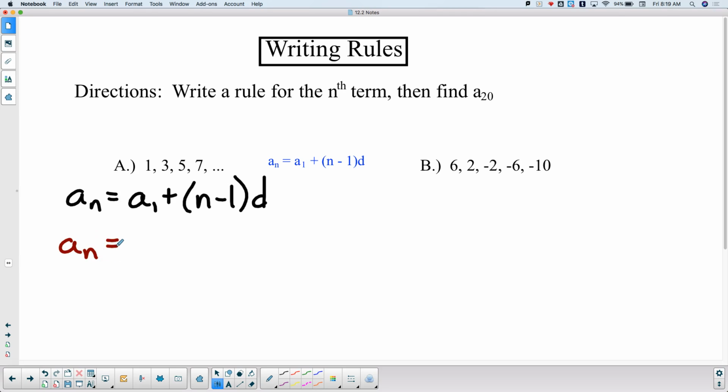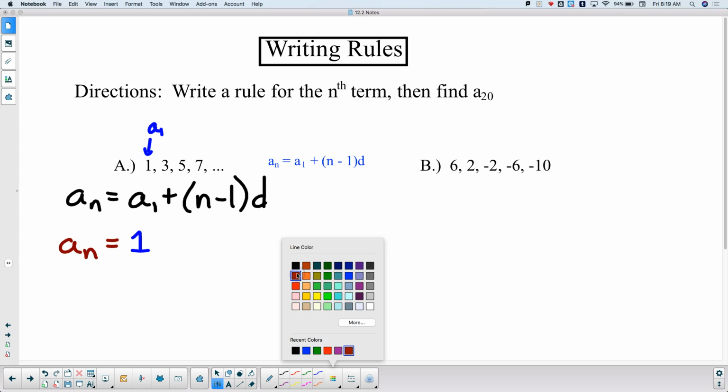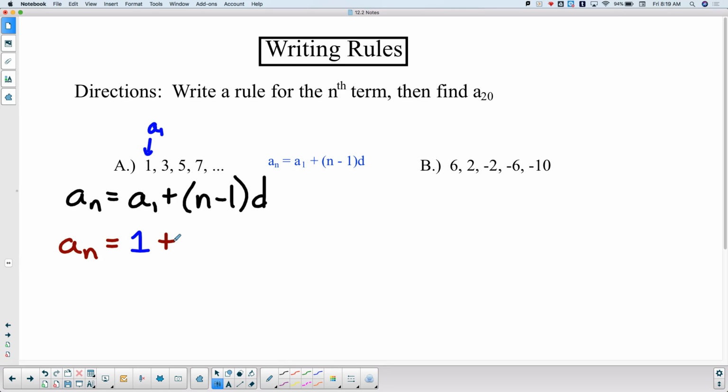Do I know the first term of this sequence? No, it's 1. It's right here. I don't know n, so it's going to stay n because I need to make my rule.